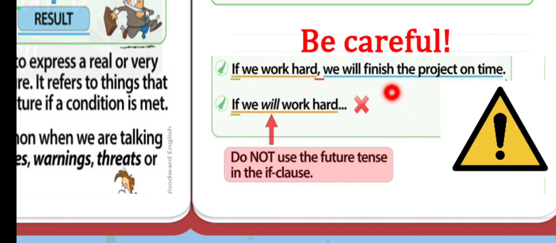So it is not correct adding will to both clauses. It is not correct saying if we will work hard, we will finish the project, because this is a mistake in the structure. Remember, this part will be in simple present. So do not use future tense in the if clause.